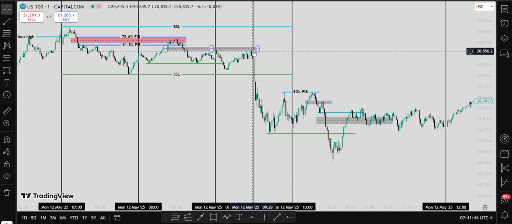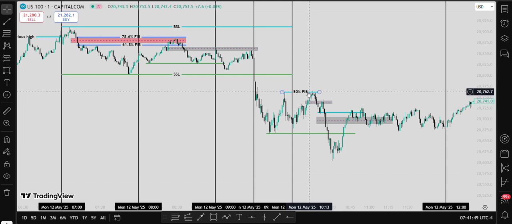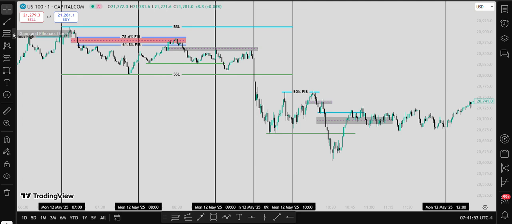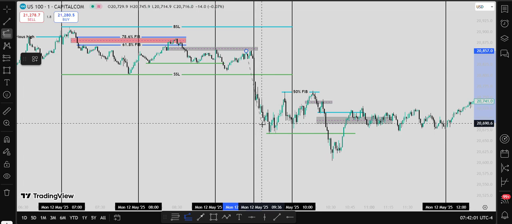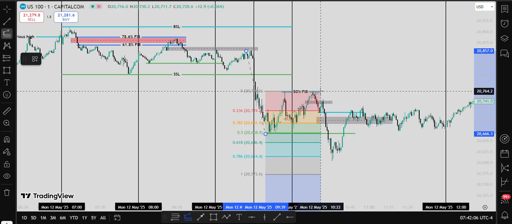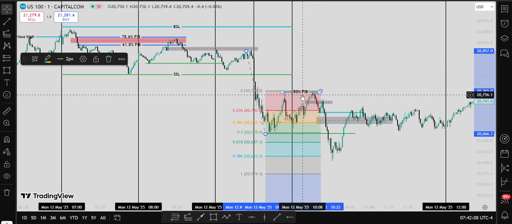As you can see, once the market opened, it sold off, retraced, gave us a 50% retracement. And if I was to measure with a Fibonacci expansion tool, I can measure from right here to this equal lows created and right where the liquidity was swept.